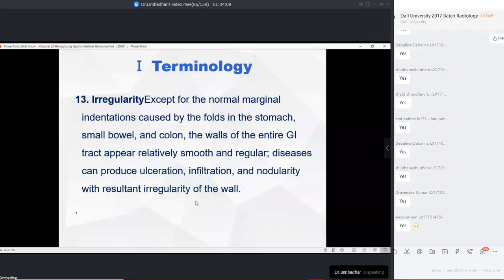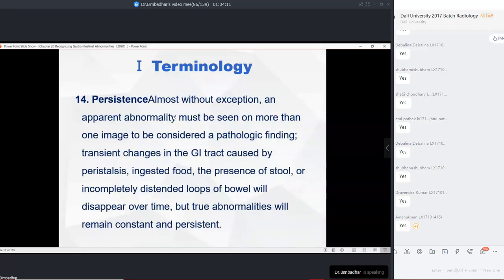Then persistence: almost without exception, an apparent abnormality must be seen in more than one image, which means I need to stay there and get more images, depending upon the condition. One image is considered a pathological finding, and I need more images to confirm it.